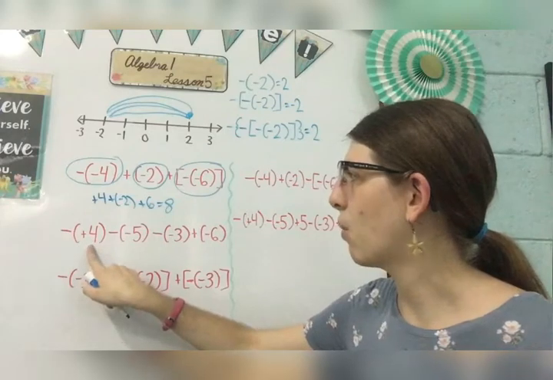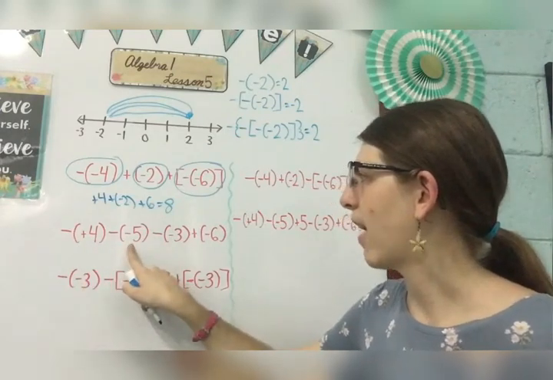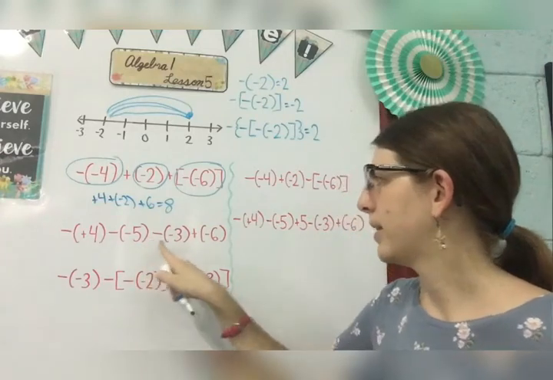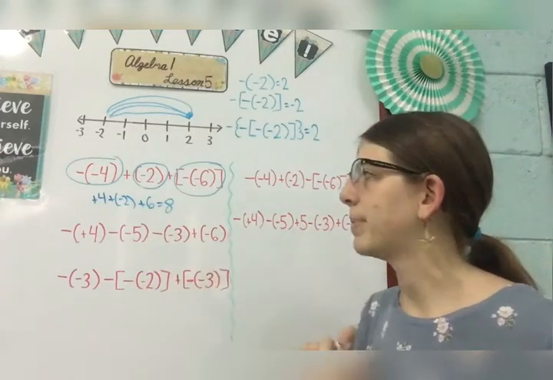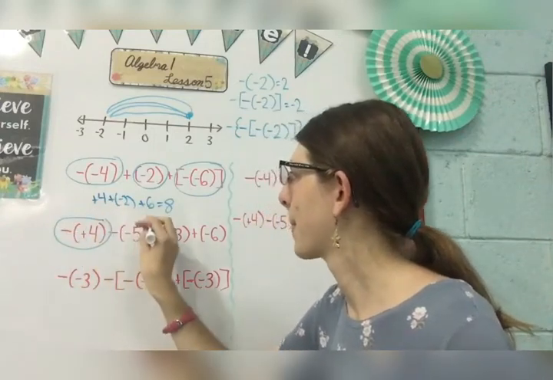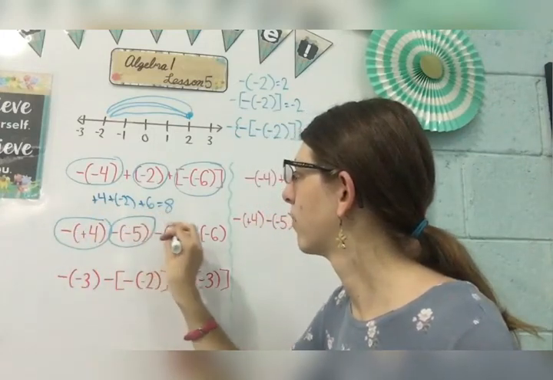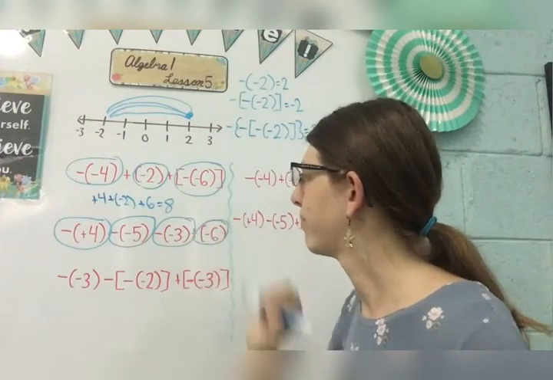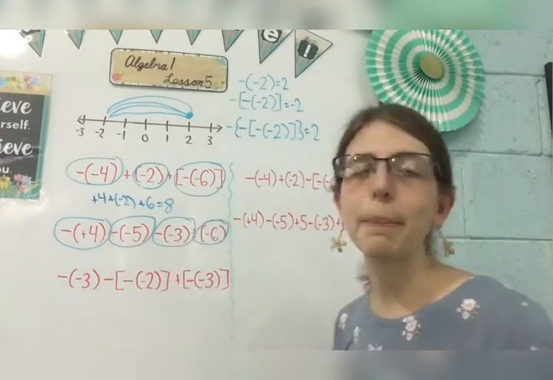The opposite of 4 minus negative 5, or plus the opposite of the opposite of 5, plus the opposite of the opposite of 3, and the opposite of 6. I'm going to isolate each one. Okay, so I have the opposite of 4.